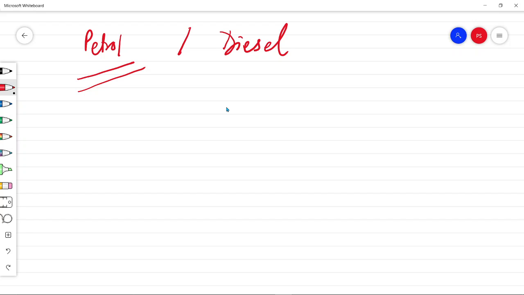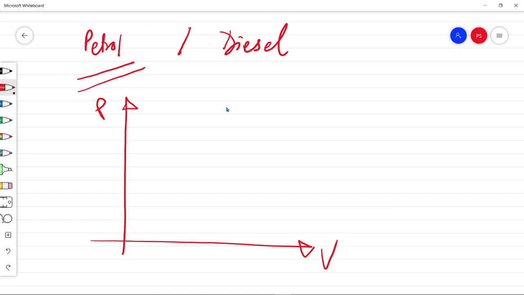Now how does it work, that we are going to see with the help of a PV diagram. On the x-axis we have volume and on the y-axis we have pressure.